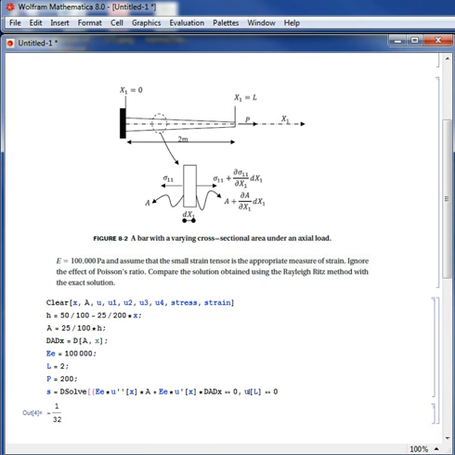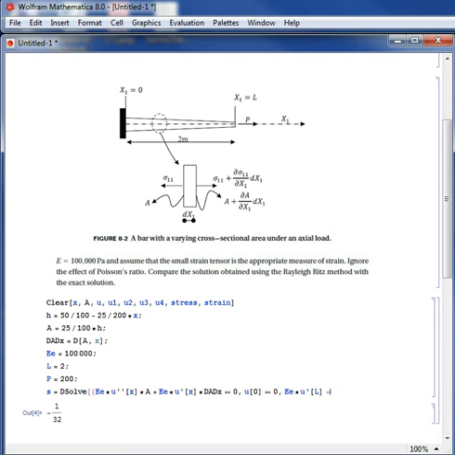And the boundary condition for the stress is that u prime of L, or basically the stress, is equal to P. So the stress is equal to E multiplied by the strain.